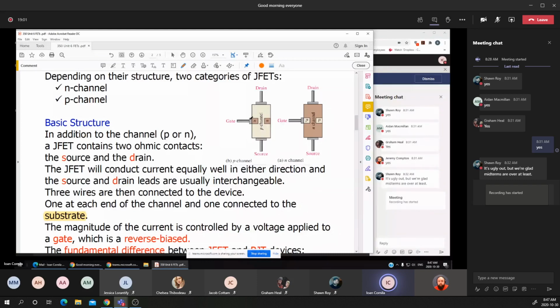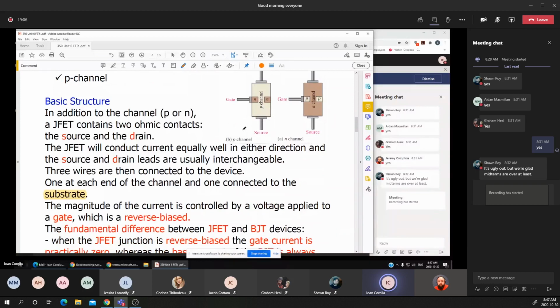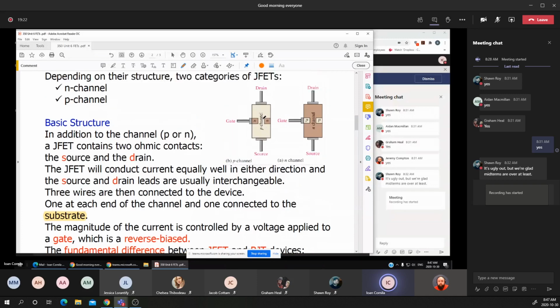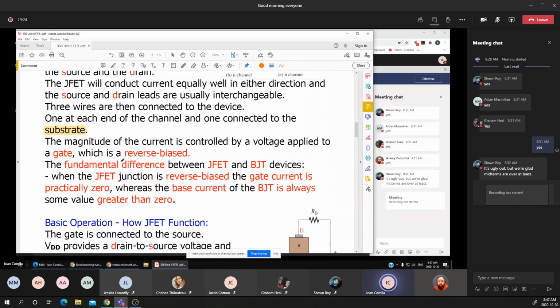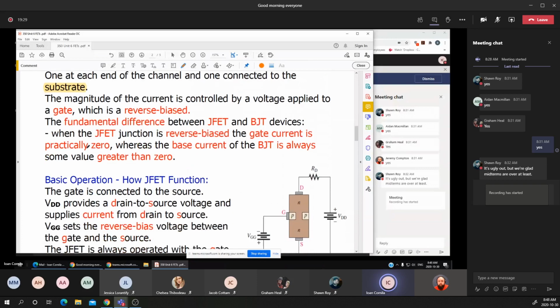And this is what they are trying to use in the FETs, which means that the depletion region will limit the channel. It will control the current that flows between the drain and the source. And I put in writing the fundamental difference between the FET and the BJT.